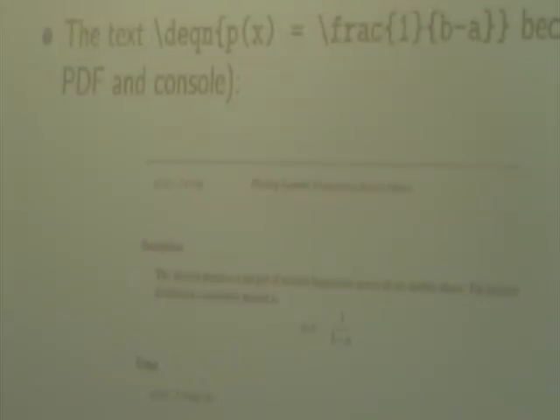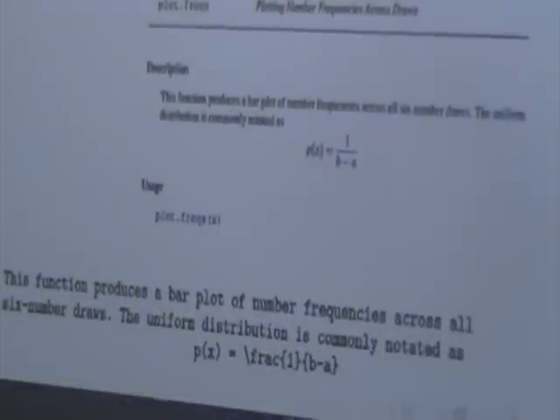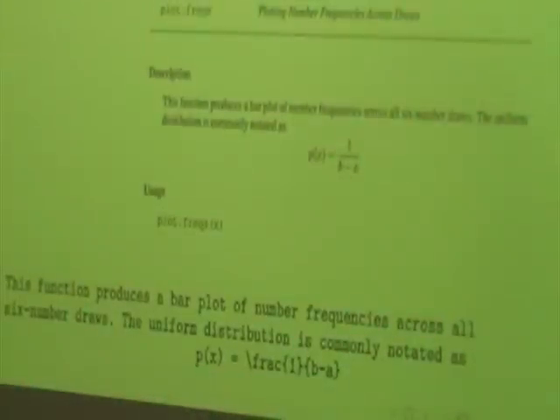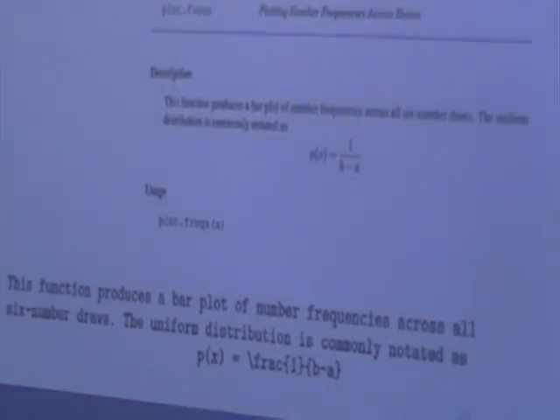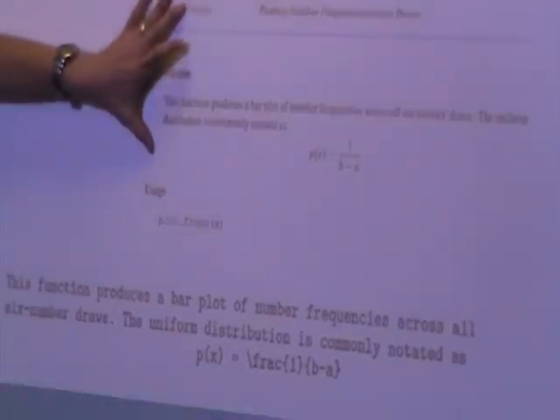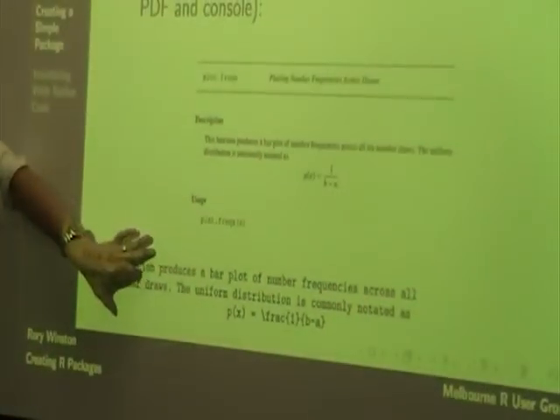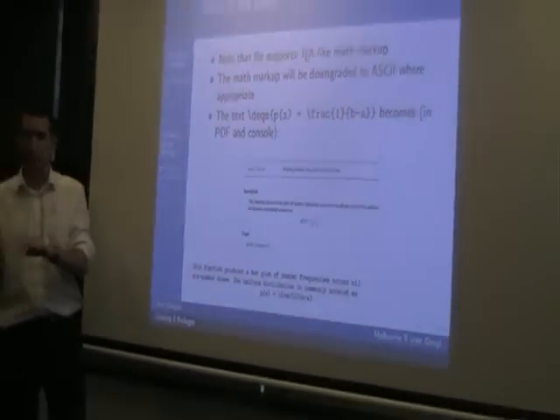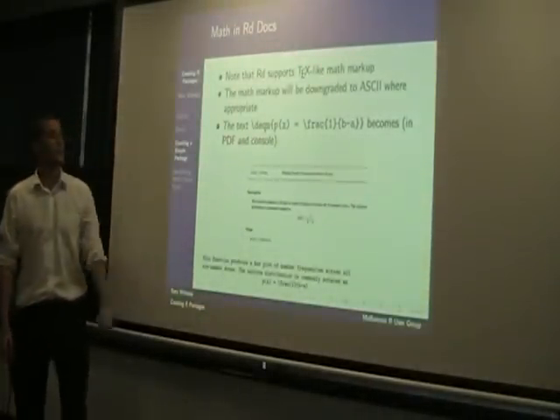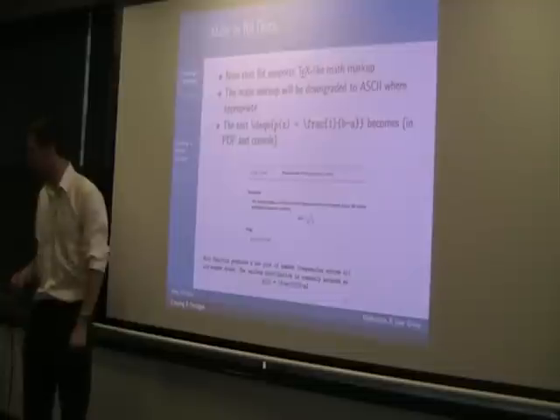But if you look at the help from the console, you'll see that it reverts to a simplified markup. So it's kind of smart enough to figure out, for each environment, how to handle things like that. So that's the same snippet from the PDF, and that's the same snippet from looking at the help in the console. And it's all generated from the same bit of text.